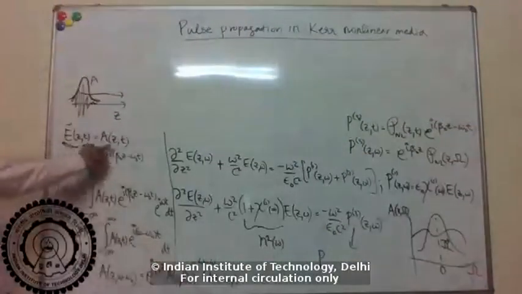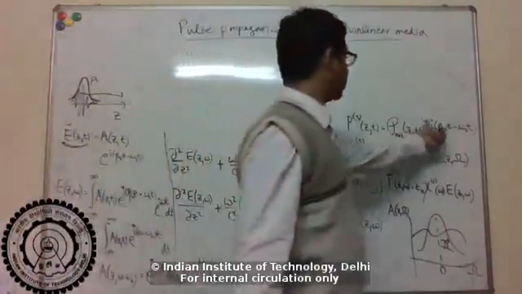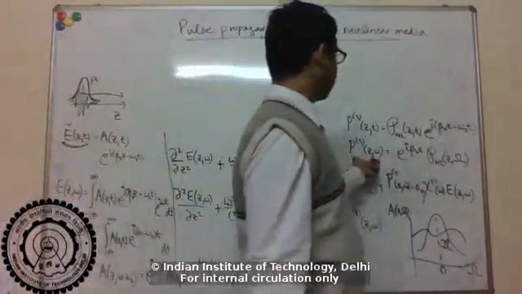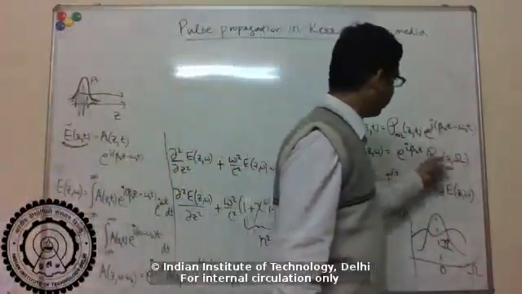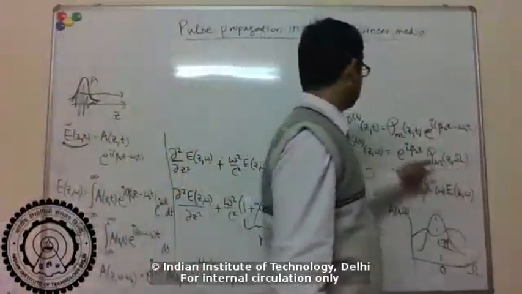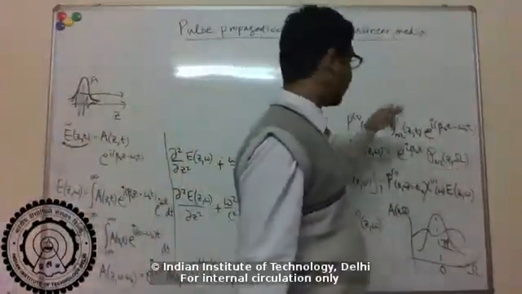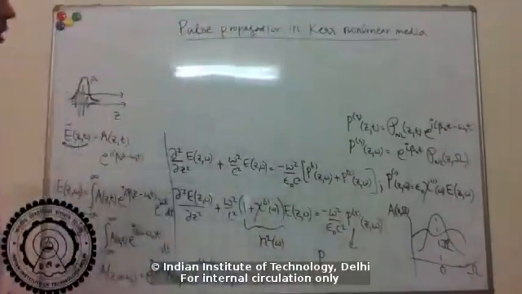It's the same thing which has been done here. We wrote the electric field as a slowly varying envelope times a fast carrier. Similarly, I can do with the polarization. In the frequency domain, the spectrum of the polarization will be the spectrum of this slowly varying envelope, which is centered at 0, whereas the total polarization, including the carrier, will again be shifted to omega naught.